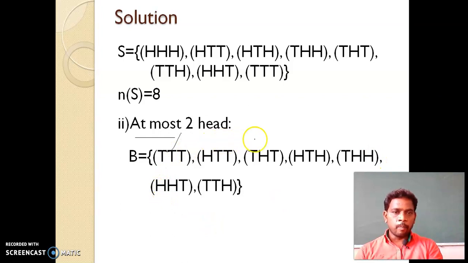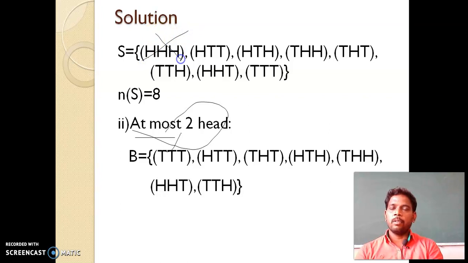So without head, 1 head, here also 1 head, 2 heads, 2 heads. If you consider these elements, they have no head, only 1 head, or 2 heads, not beyond 2 heads, because they are asking at most, that is maximum 2 heads only. So we can leave this element, that is 3.